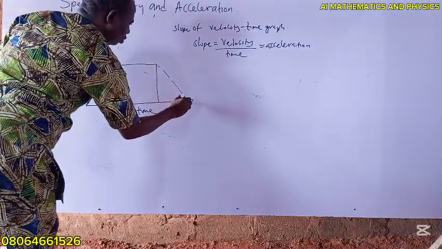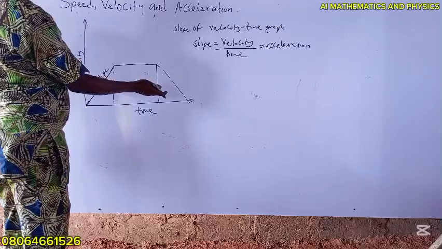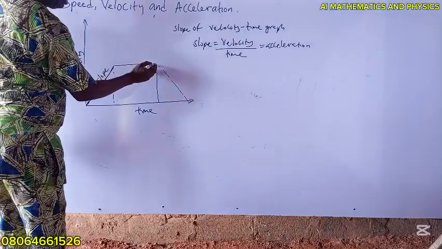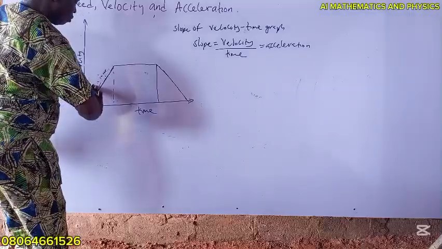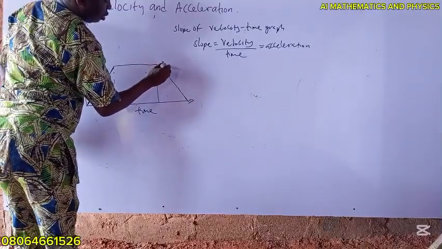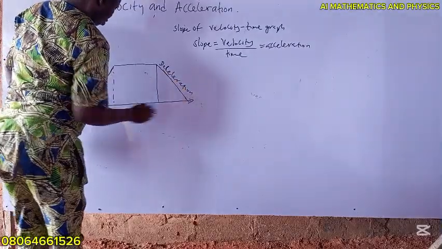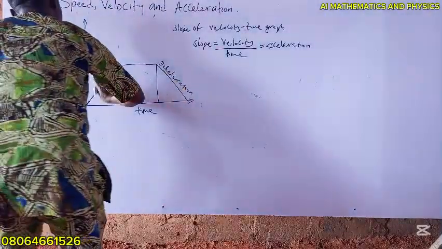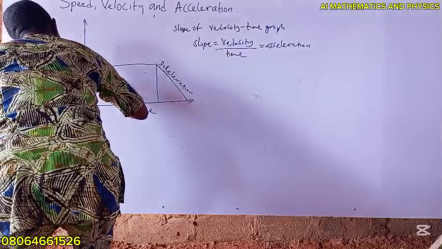You can have it also in this place. This place also is a slope, but here the velocity decreases. We call this place deceleration. This other place, we call it acceleration.